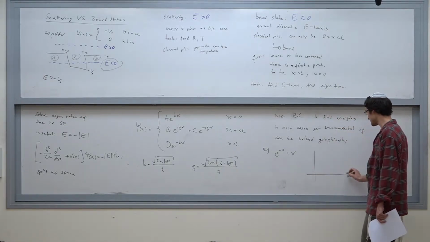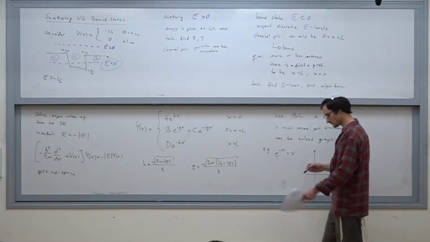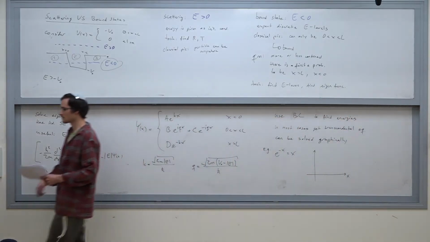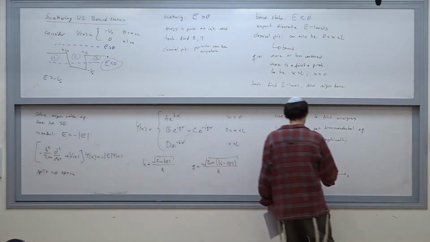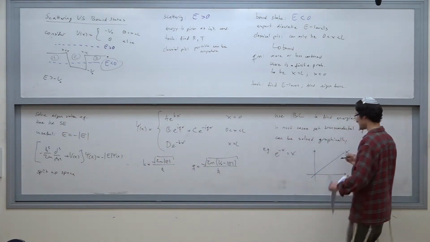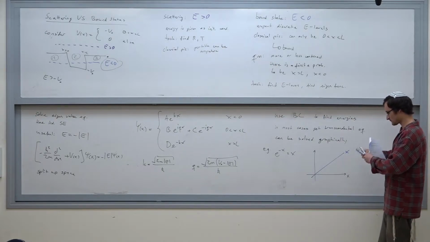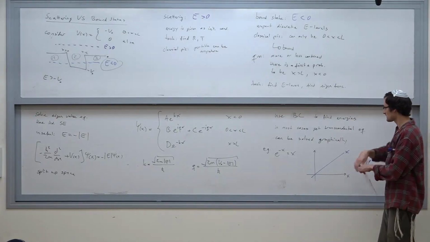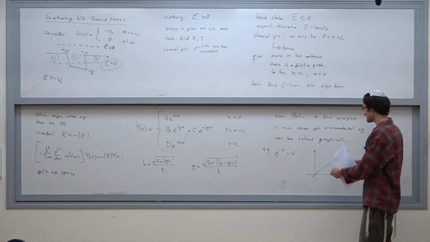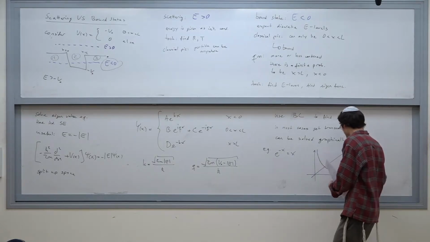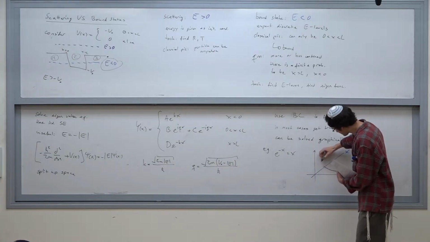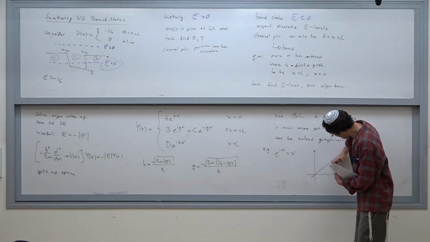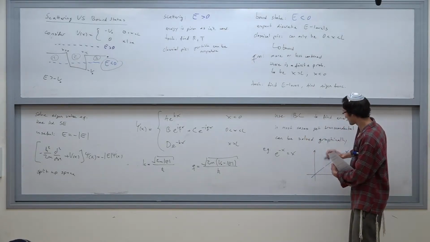Here's x, the x-axis. You then plot the left-hand side and the right-hand side. So this is x, the right-hand side. Then you plot e to the minus x. Yeah, it goes to 0, right?